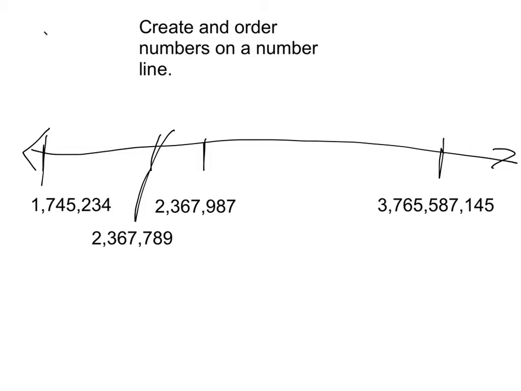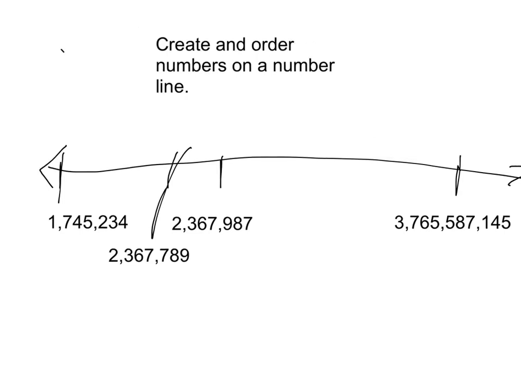Now, say you want to do it with some decimals. So we're just going to kind of slide over here, and we're going to create some decimals, which are much smaller numbers. So I could do like 0.1, which is 1/10.